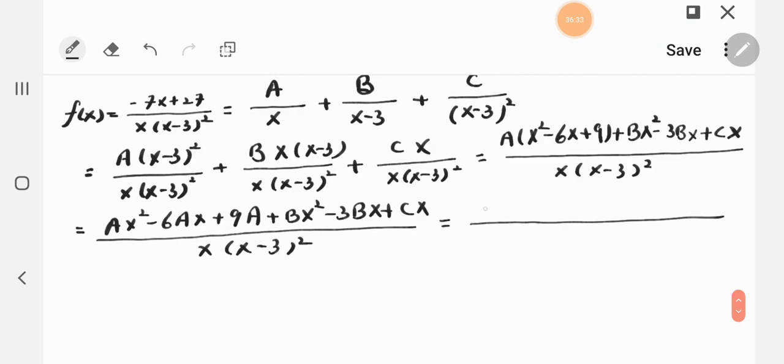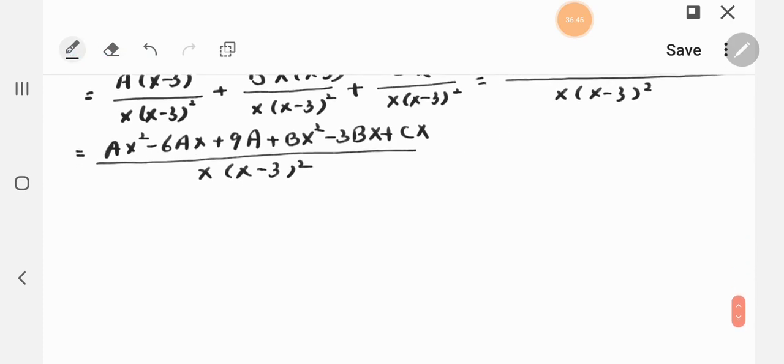The coefficient of x squared is a plus b. Okay, let me write this in the next line. Next line is better. So the numerator is a plus b times x squared.